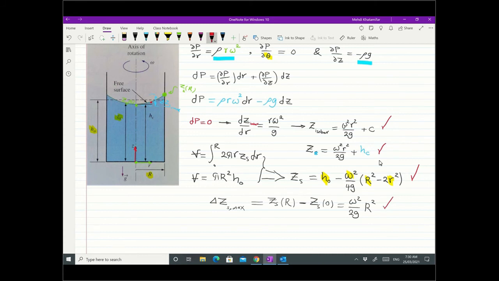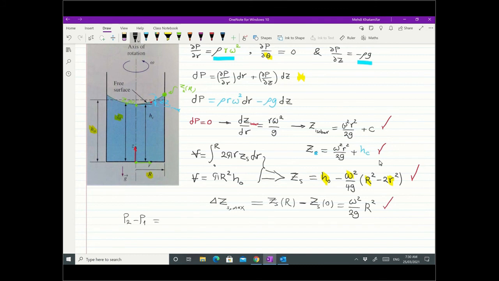Okay, now I want to find the pressure difference between 2 points. Using this formula, I can write and find the pressure difference. Instead of dP, I'm just using P2 minus P1, which has the same meaning.